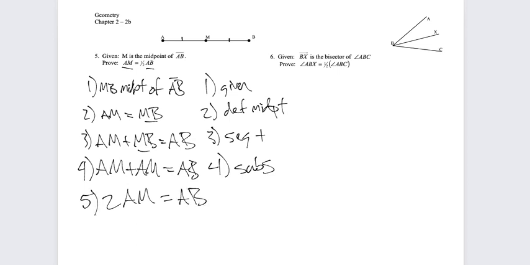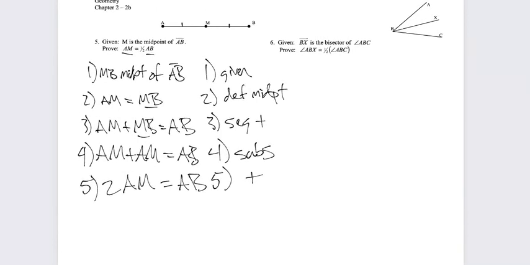So 5. All I did was combine like terms there. So I think technically I could have done that right away, but maybe I just say addition here since I added two terms together to get that. And then 6, I just divide because I wanted AM to be alone on one side and I wanted a 1/2 over here.